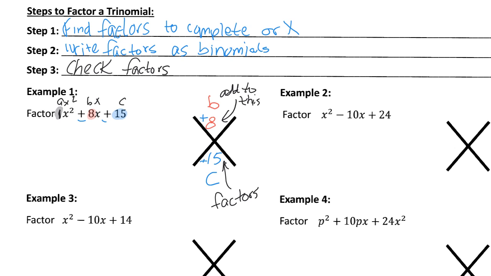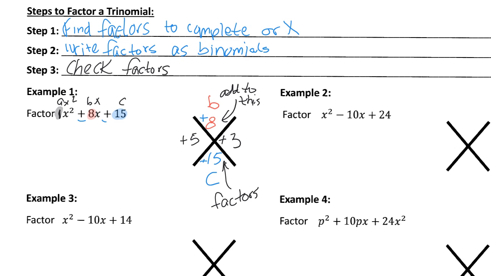I have 1 and 15, 3 and 5. Okay. If I add or subtract 1 and 15, will I get 8? No. What about 5 and 3? If I add or subtract those, will that get me to 8? Hopefully you're thinking yes. And that's if we add 5 and we add 3.